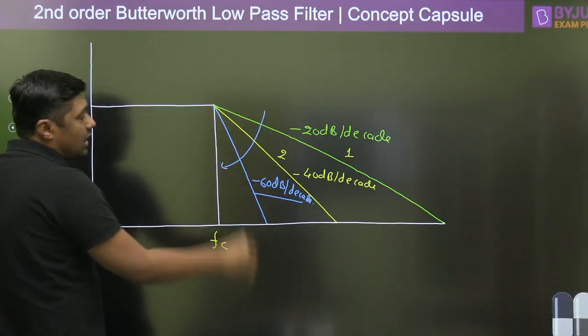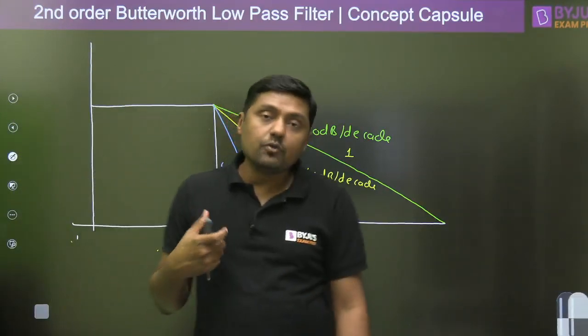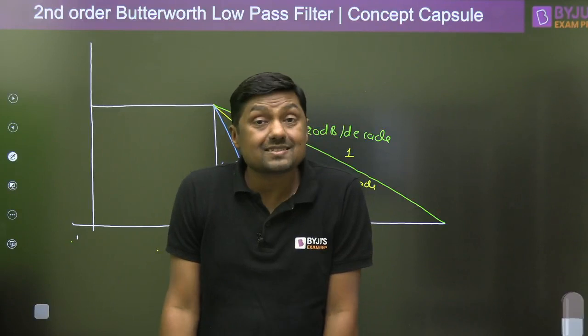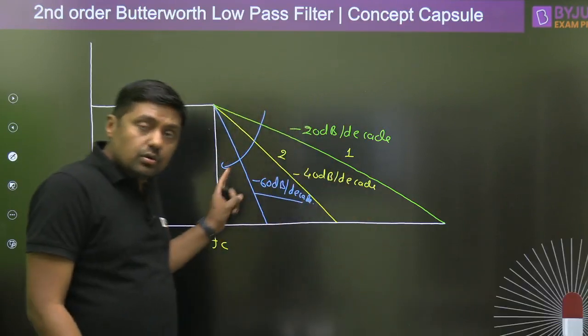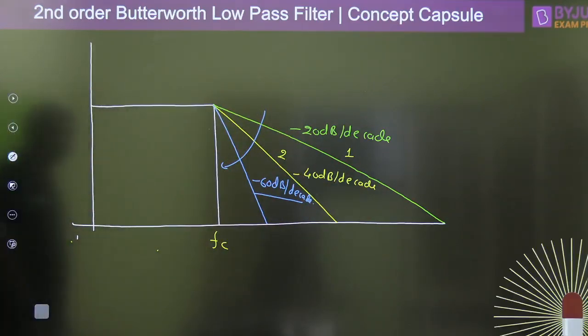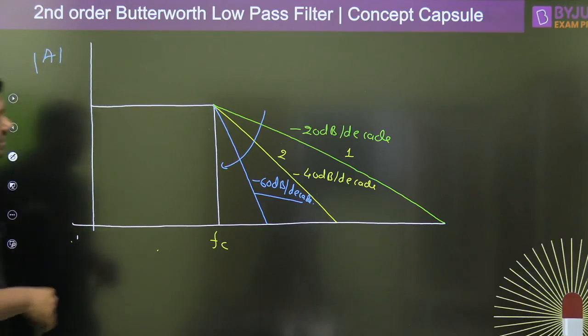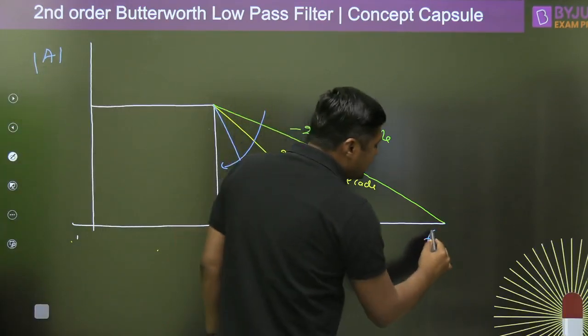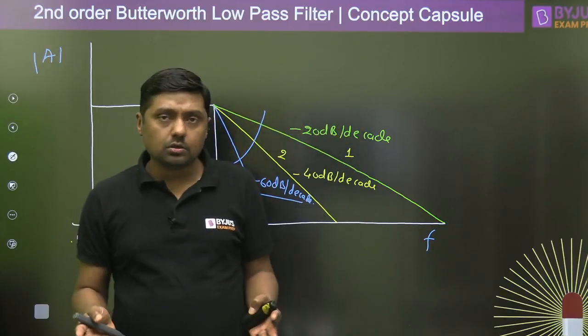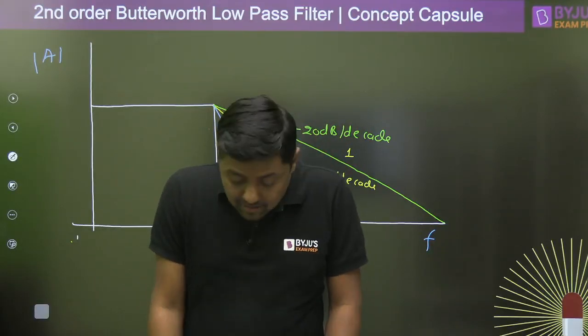And that's why we are increasing the order of the system to reach the ideal condition. Okay, now that is called the frequency response curve. This is the gain and that is the frequency. And that is the concept of the Bode plot from control systems.